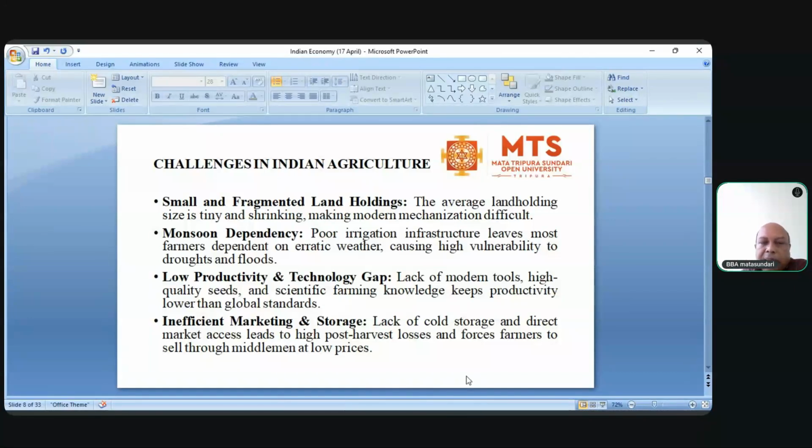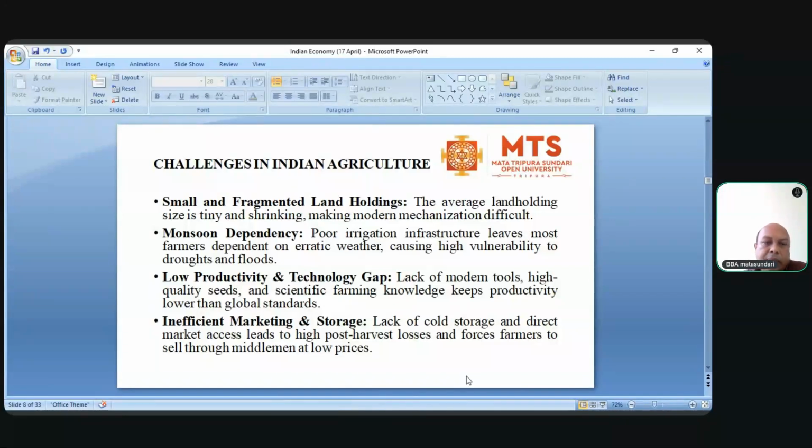Low productivity is also a problem for Indian farmers. In many areas, the productivity of land is very low, and so income of farmer is also very less due to low productivity of the land. And in many areas, farmers are not using modern technology.